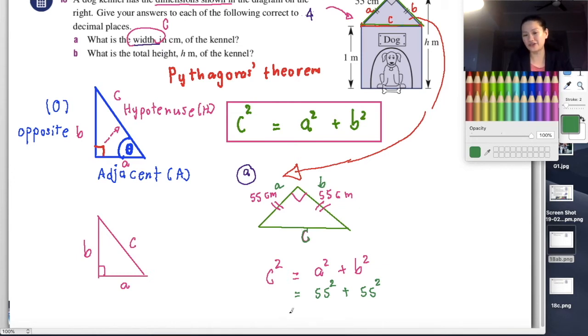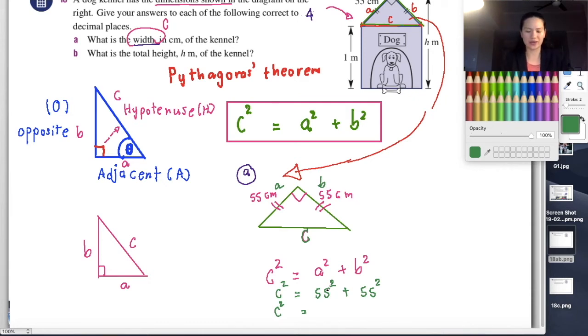Now you try to calculate. What I do, you can do two ways. You can do method 1, which might take more time: you just do 55 squared plus 55 squared and write down the answer here. If I do it really slowly, step by step for you, 55 squared plus 55 squared, I just paste it in the calculator.